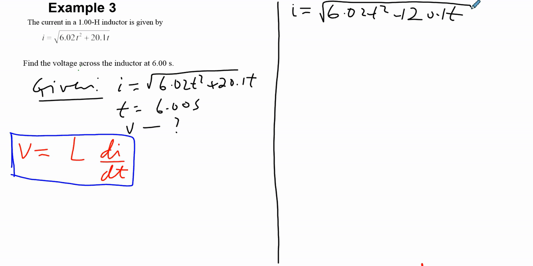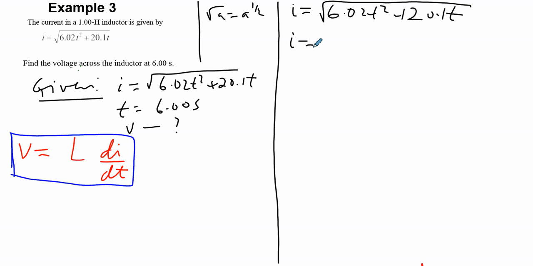This is different from the questions we did previously. Why? Because this is a radical, and in order to find the derivative of this one with respect to t, you need to change a radical into an exponential function. I don't know if you remember that square root of a is the same as a to the power half. So we change this one into power half.